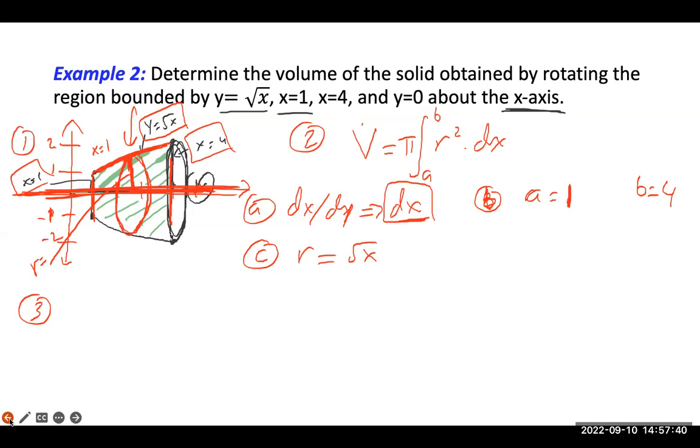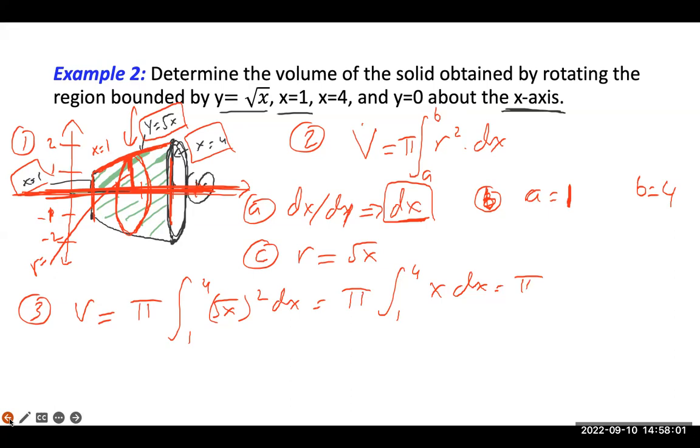Now that I have all my pieces, I plug them in and say, okay, the volume equals pi times the integral from 1 to 4 of square root of x squared dx. That is the same as pi times the integral from 1 to 4 of x dx, which is x squared over 2. And now we plug in the bounds.